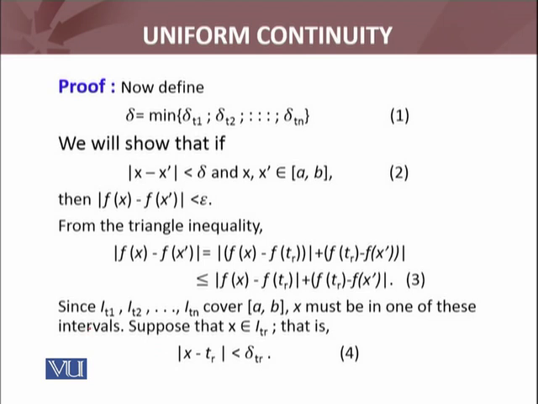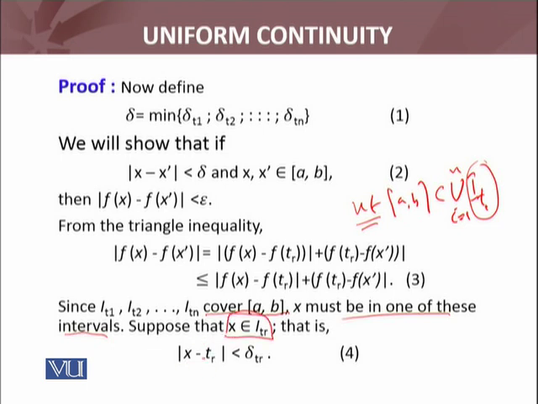Then, since I_t1, I_t2, so on and so forth, all cover AB, union of all these sets, AB will be the subset of union of all these sets. x must be in one of these intervals. x belongs to AB है ना, तो AB जो है इनकी यूनियन है, i 1 to n, I_ti का. तो x जो है वो इन finite open intervals में से, x must belong to some I_tr. So |x - tr| must be less than delta tr.